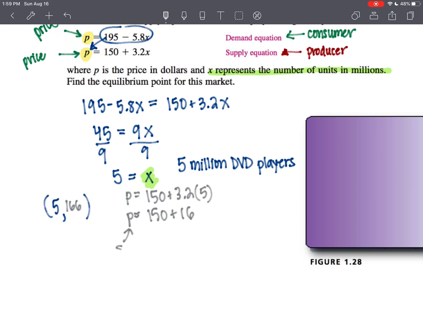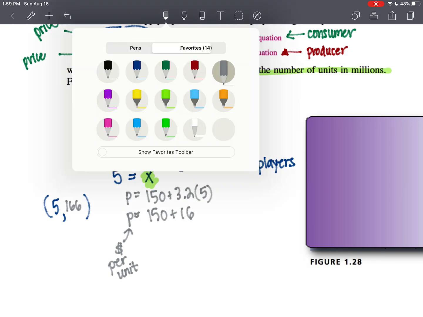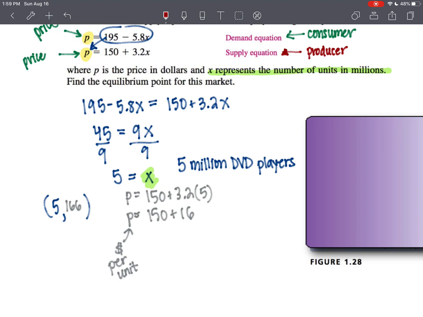And what does P stand for? Well, that's price per unit. So $166 per unit. So P is going to equal $166 per unit.